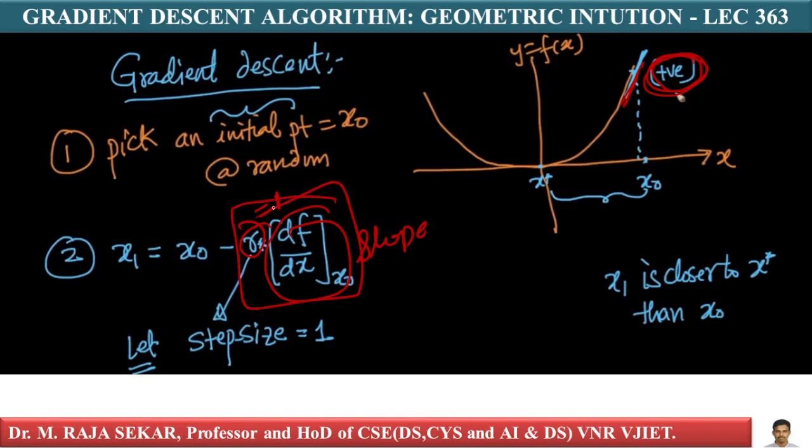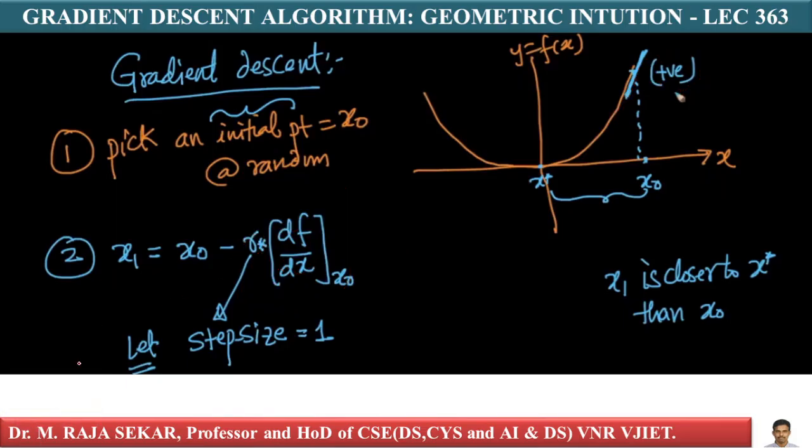You are subtracting a positive value from x0. R is 1. Anyway, df by dx is positive at x0, isn't it? Therefore, you are subtracting a positive quantity from x0.